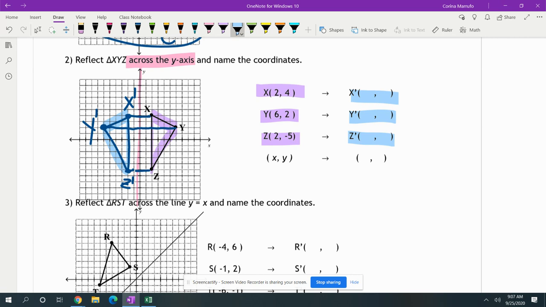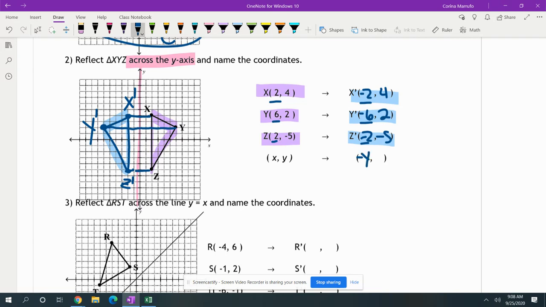X prime now becomes -2, 4. Our Y prime is now -6, 2. And our Z prime is -2, -5. Okay, so now what do we notice here? Our x values did not stay the same. The numbers are the same, but the sign changed.